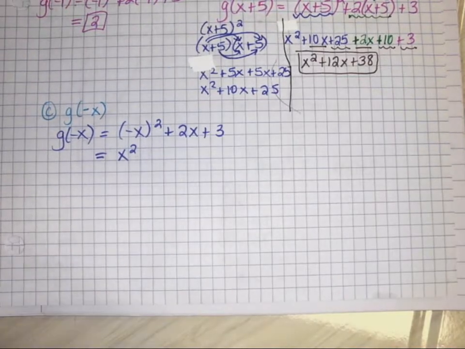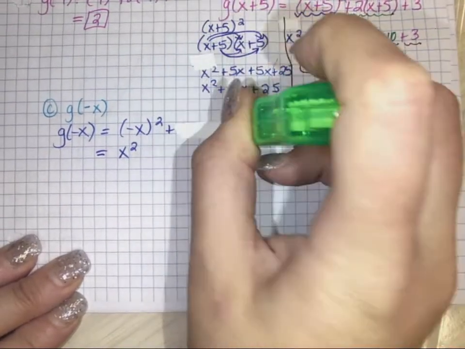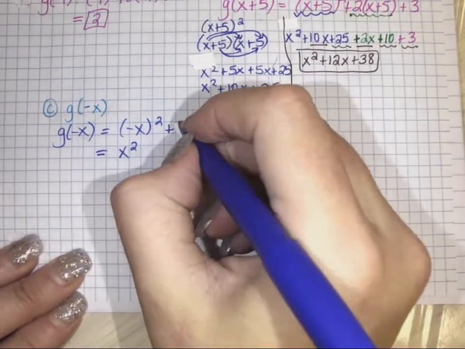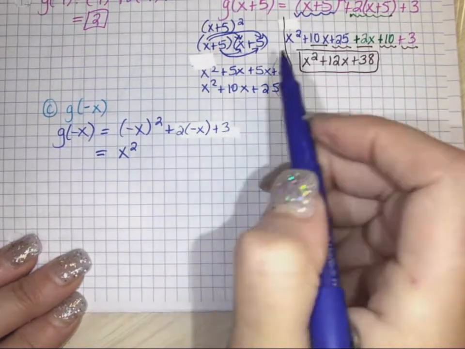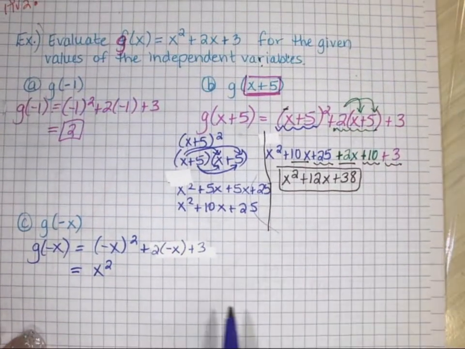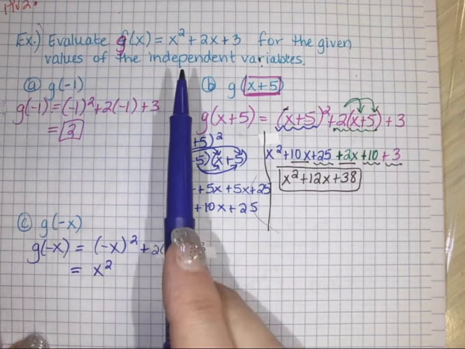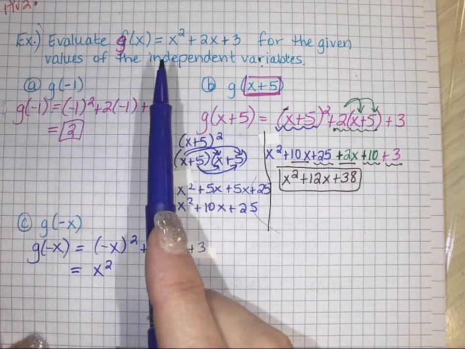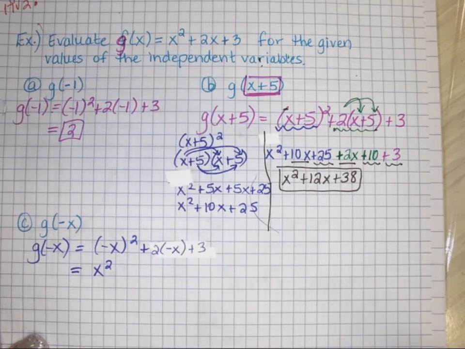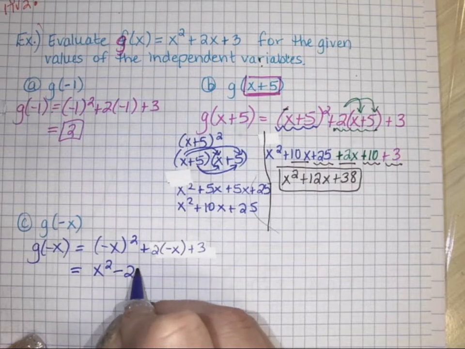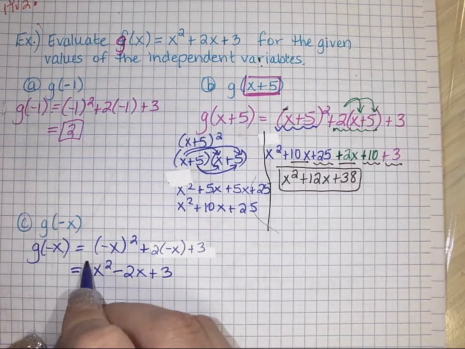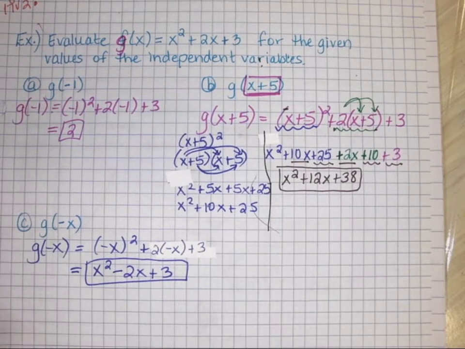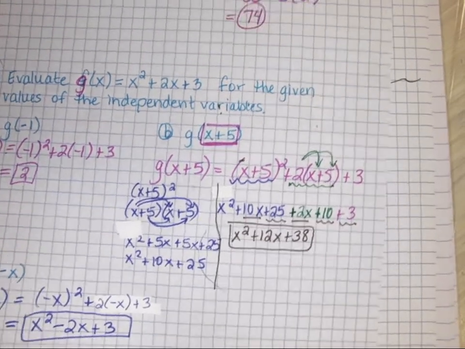Then I have to take negative x and plug it in here also. So plug it in both places. And that's going to give you minus 2x here and then plus 3. And that's as far as it can go. No more like terms, nothing else to do.